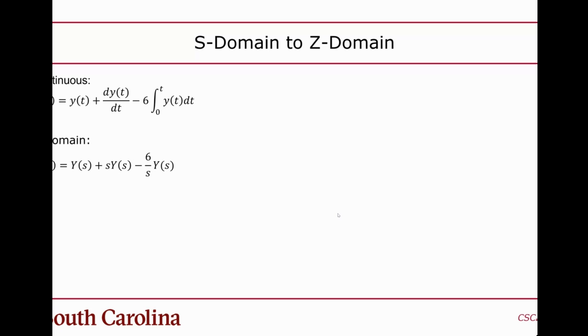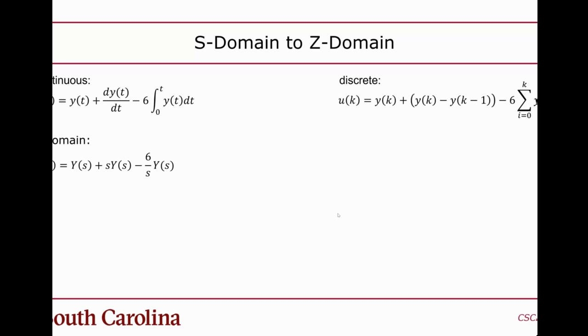And so we converted this to the S domain very easily by taking the derivative and making the derivative become sY, and the integral was 1 over s, essentially. And then in the discrete space, what would this be equivalent to?